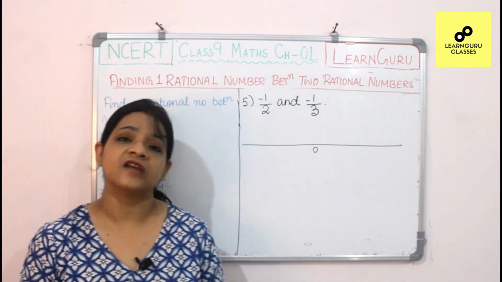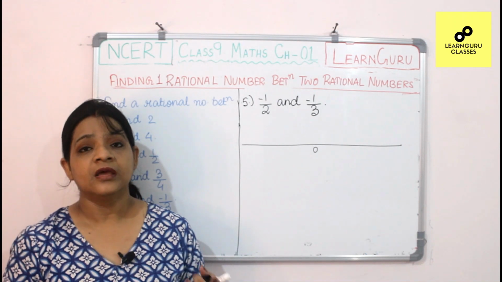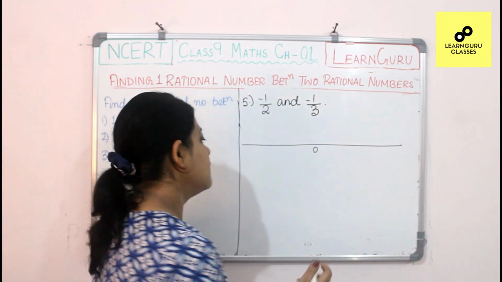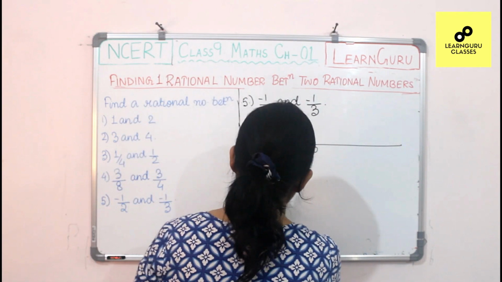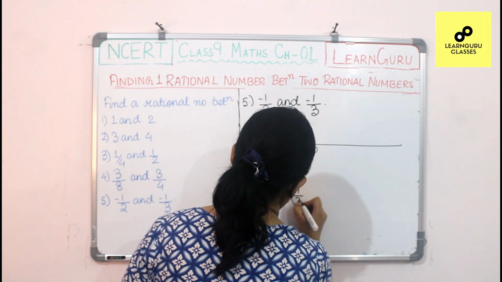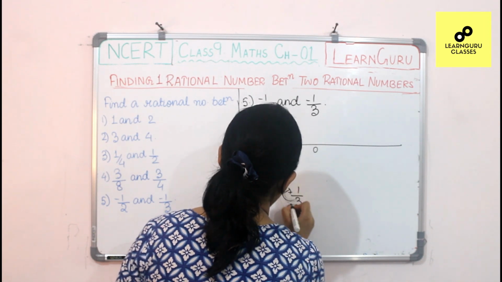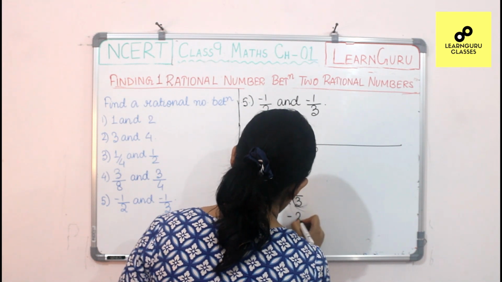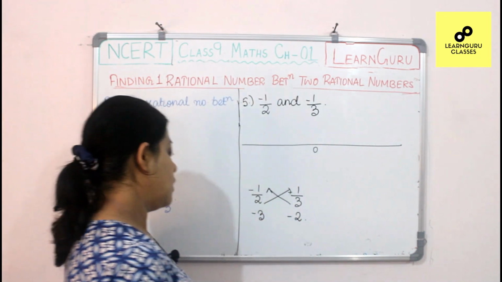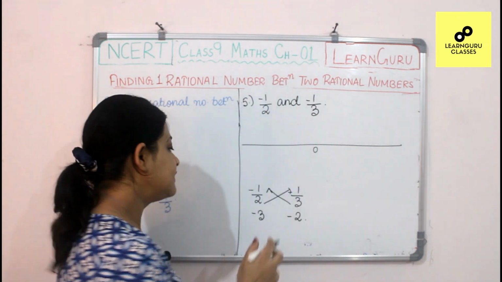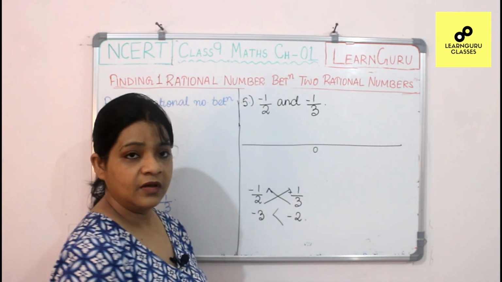Next is you have to judge which number is smaller or greater than the other number. Okay, so what will you do? Same here, minus half, minus 1 by 3, go for cross multiplication. So here you are getting minus 3, here you are getting minus 2. So minus 3 is less than minus 2, isn't it?